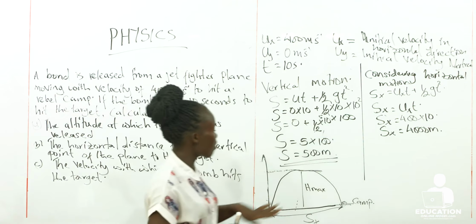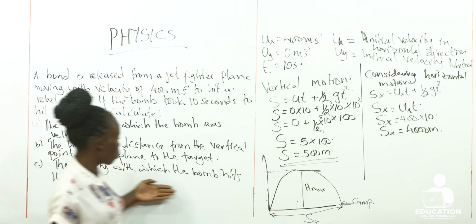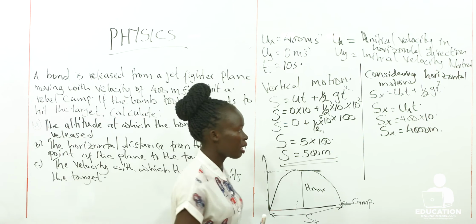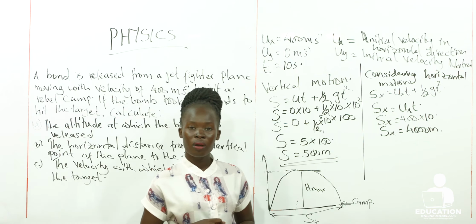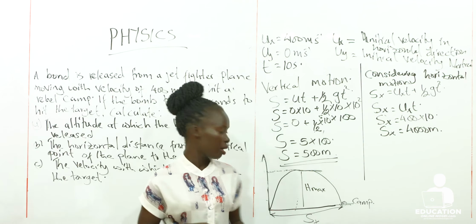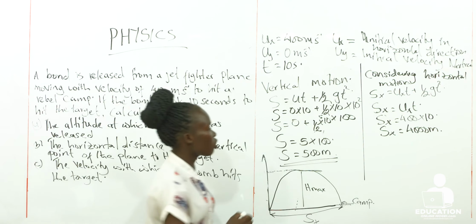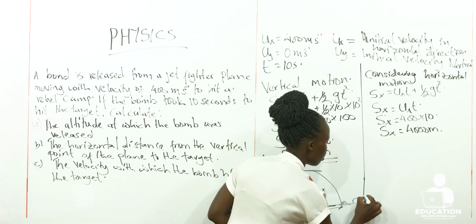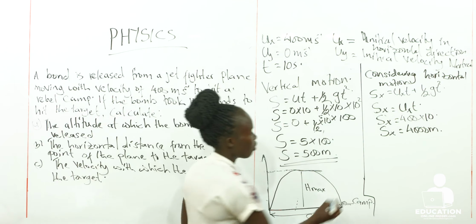Now our last Roman is telling us to find the velocity with which the bomb hits the target. What speed did the bomb attain for it to come and hit the target right here? So we have to get the speed. To find the speed, we are going to use the first equation of motion.